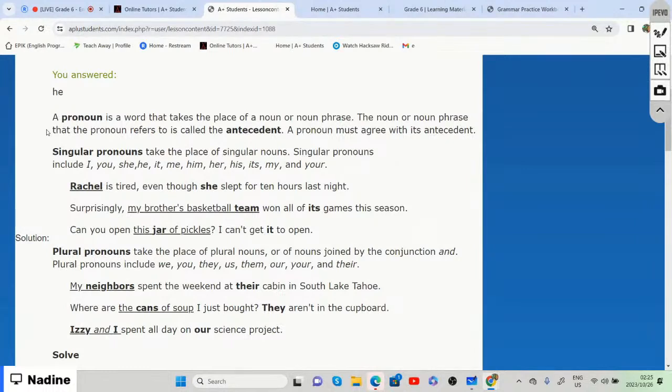And the noun or noun phrase that the pronoun refers to, we call that the antecedent. And the pronoun needs to agree with the antecedent. And then we said we have singular pronouns and we have plural pronouns.